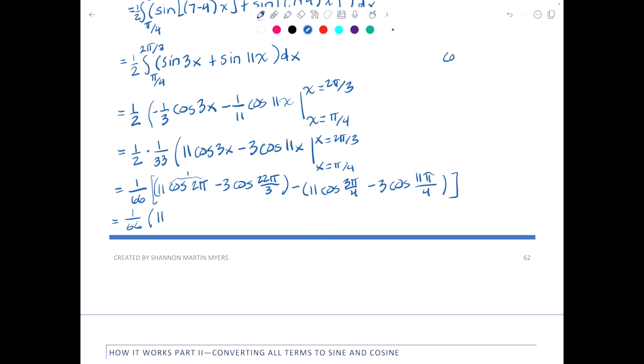So cosine of 22 pi over 3 is coterminal with cosine of 4 pi over 3. And cosine of 4 pi over 3 is negative 1/2.